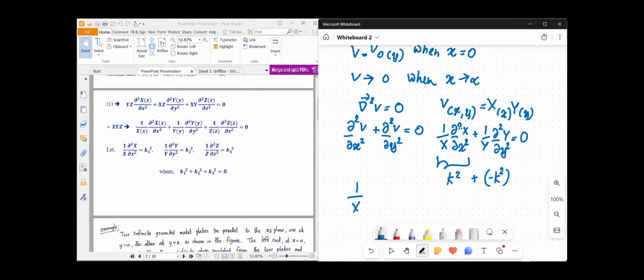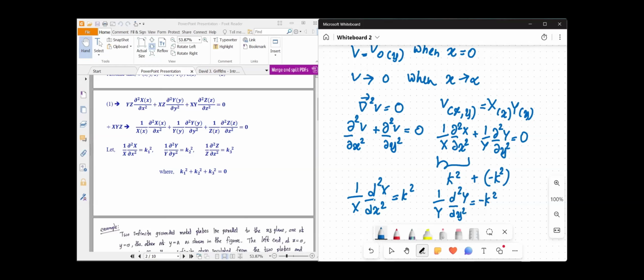We can reduce this partial differentiation into ordinary differentiation, now only considering one variable. With x: 1 over X, d squared X over dx squared is equal to k squared, and another ordinary differential equation, 1 over Y, d squared Y over dy squared is equal to minus k squared.